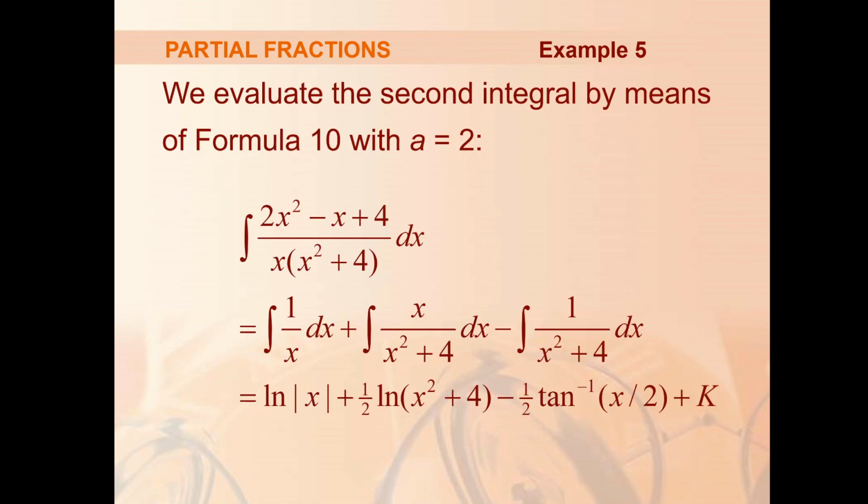Okay, so now here's what we found. Using the u substitution, or we can use the formula, we end up with natural log of absolute value of x plus 1/2 natural log of absolute value of x squared plus 4, and then minus 1/2 times inverse of tangent of x over 2 plus constant k with the partial fraction decomposing.